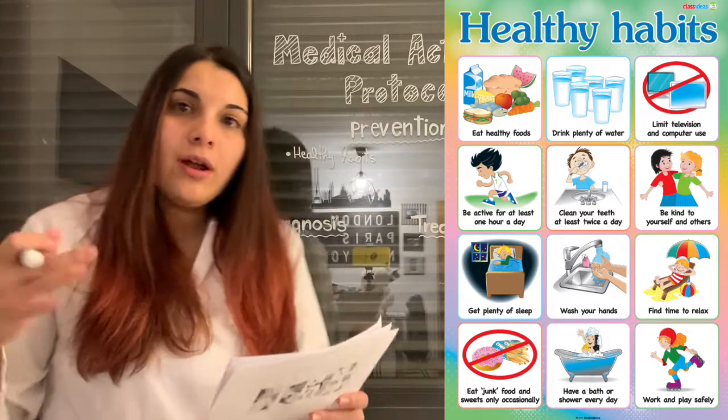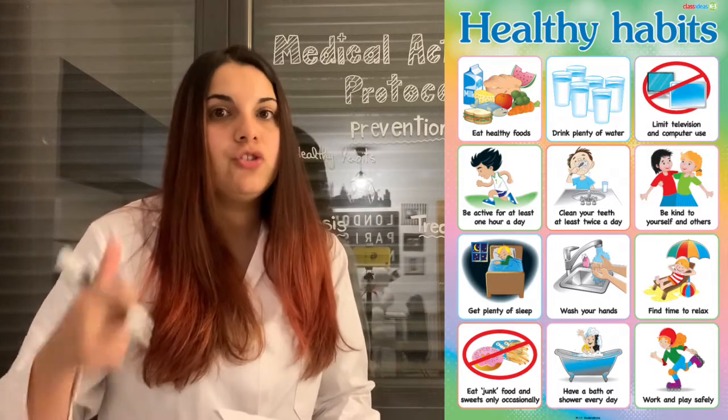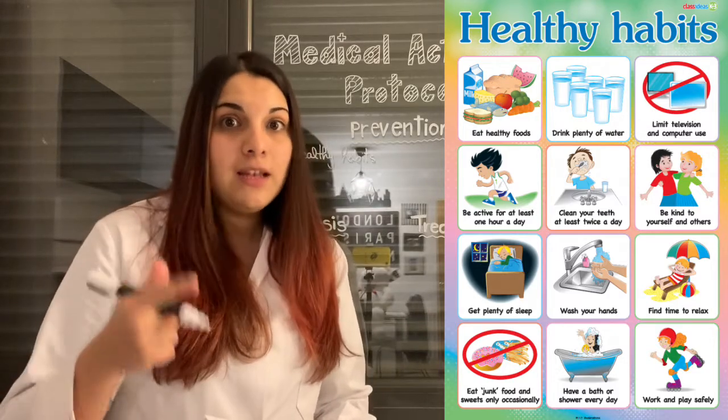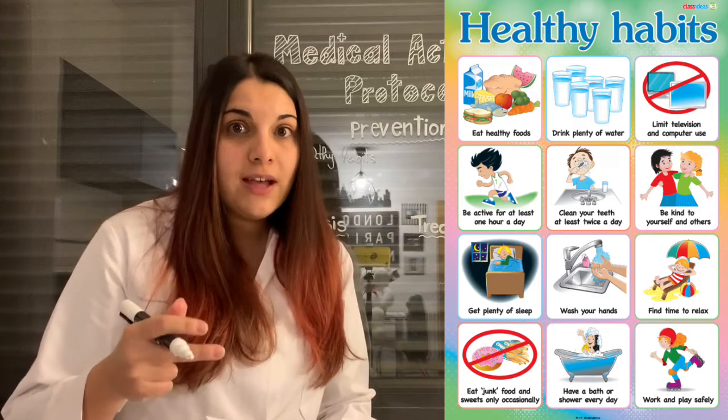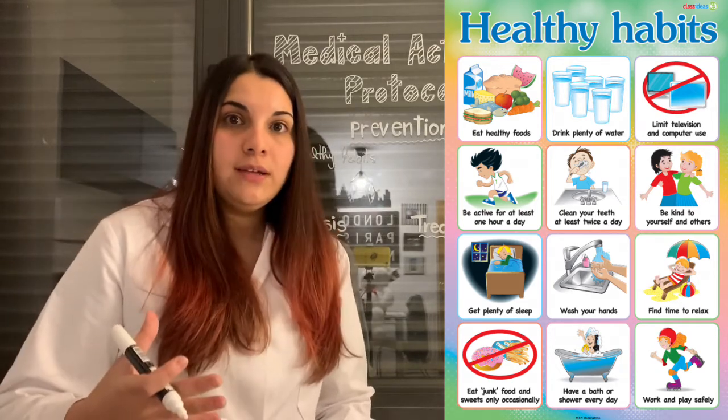So this is really important because our patients need to know they need to eat healthy, sleep well, do exercise, and keep clean. Okay, so all those things are the ones we have to remind them. We have to remind our patients to follow healthy habits.